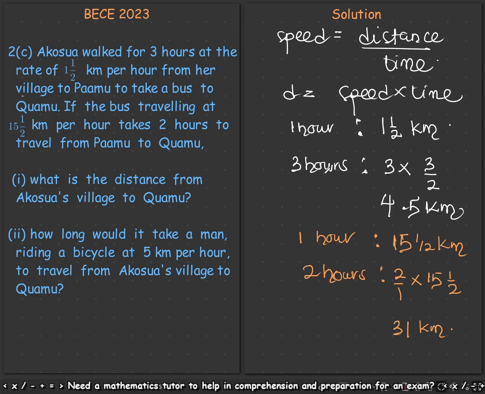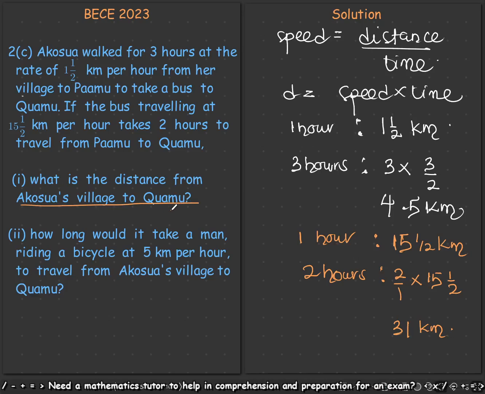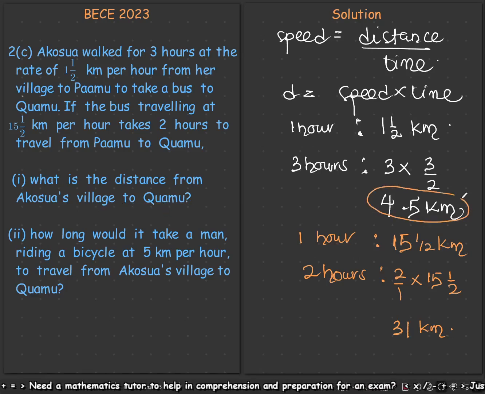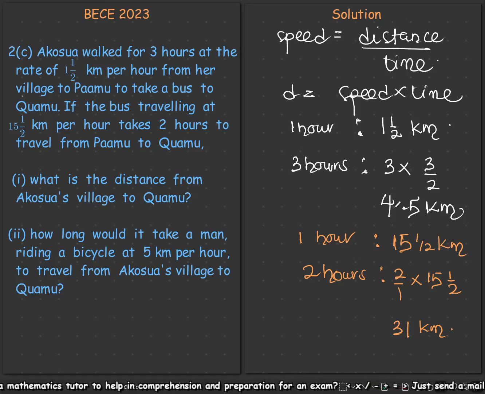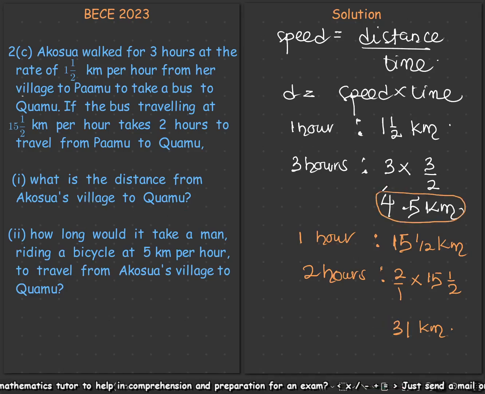The question was, what is the distance from her village to Quamu? Now we have gotten the distance from the village to the bus station, and this here is the distance from the bus station to Quamu. Hence the total distance from her village to Quamu is going to be the sum of these two distances. You get it?